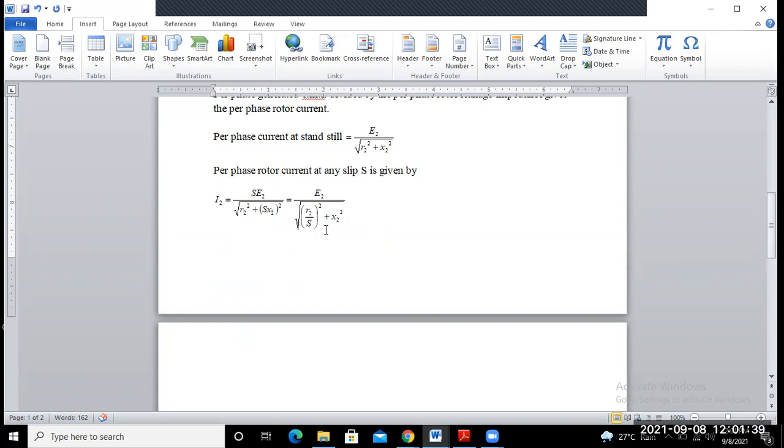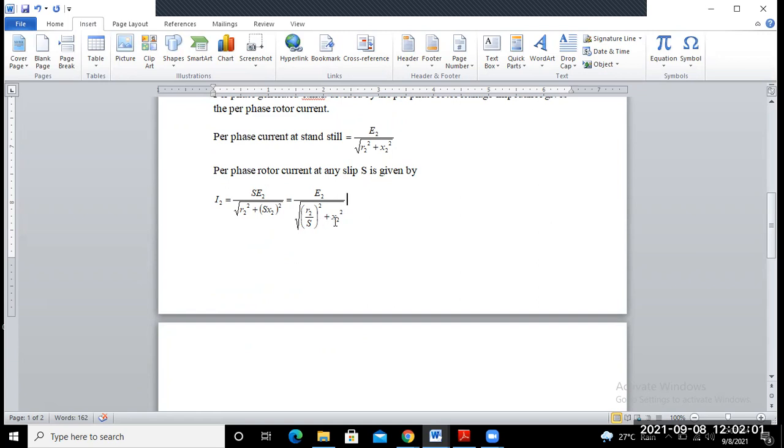Now if we see the equivalent circuit diagram of the rotor circuit, the current I2 source is your E2 and the total impedance of the circuit is the square root of (R2 by S) whole square plus X2 square.